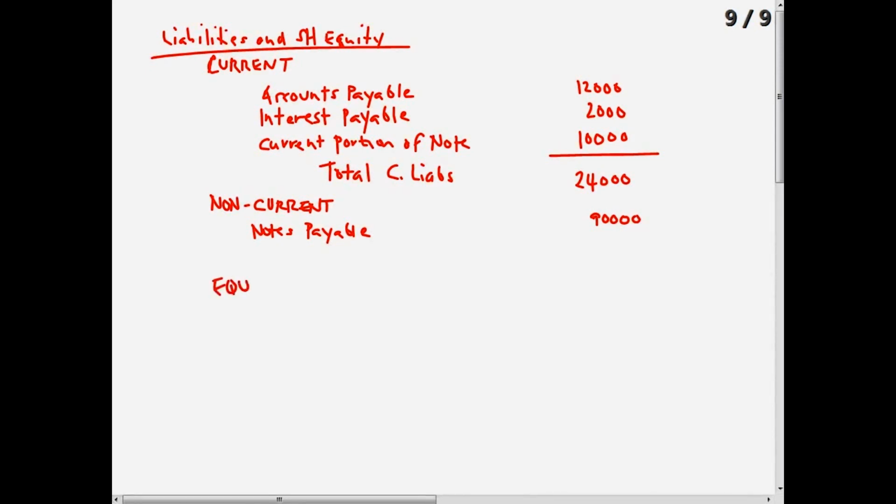Okay, so then we're going to equity. We have common stock. Did we have common stock? We better have common stock. Okay, and retained earnings. So what's our common stock? It's 70. Retained earnings is 76.